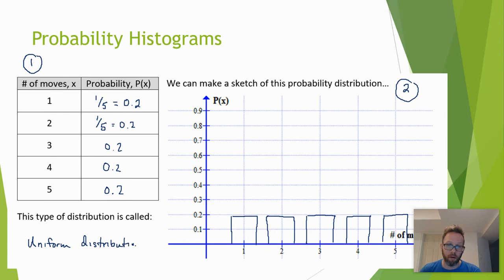So a simple spinner like that, or rolling a single dice, is a uniform distribution because each side of a dice has a 1 in 6 chance of being rolled. Flipping a single coin is a uniform distribution. The probability of heads or tails is 0.5 or 0.5. And the graph of a uniform distribution will be like so, where all the bars are the same height and it's just basically a horizontal line, which kind of makes sense.